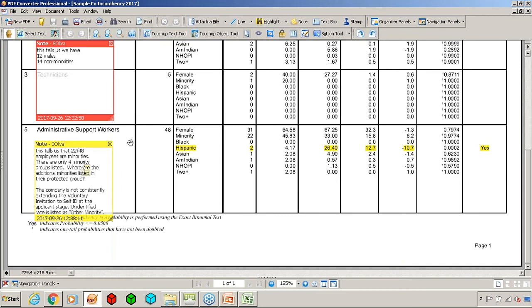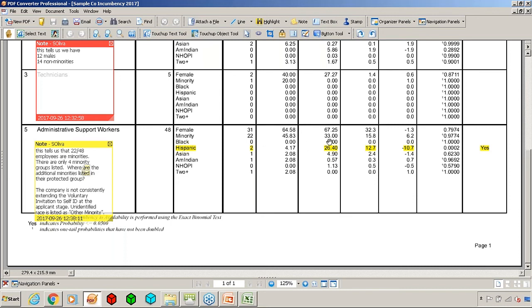Down here on the administrative support workers, we see that we have 48 total individuals. They have a shortness in headcount for Hispanics. They're not short in headcount for minorities, though. It shows that they have 22 minorities, making up 45% of the job group.